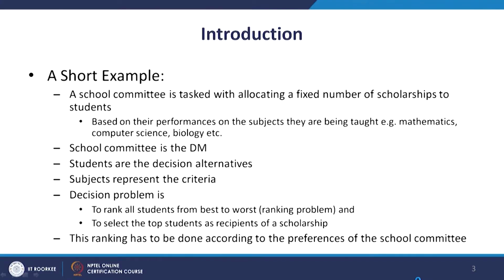Now, we look at the subjects that these students are being taught. These subjects represent the criteria. Different students might be in different programs, and therefore might be studying different subjects. Some are going to be common, like core courses and elective courses, but depending on the department, the subjects taught might differ from one student to another.